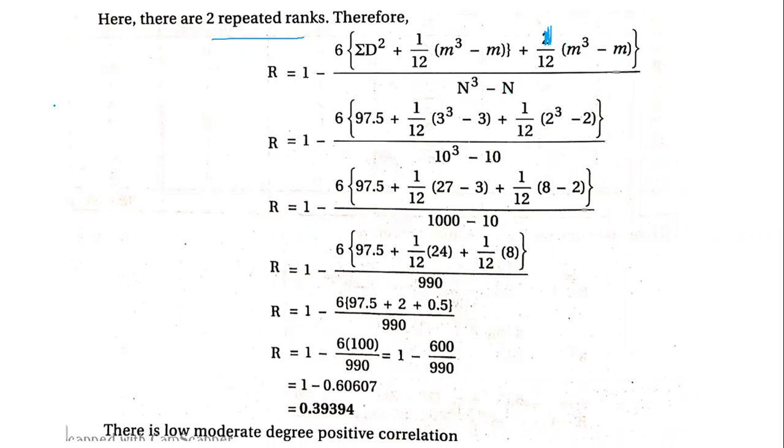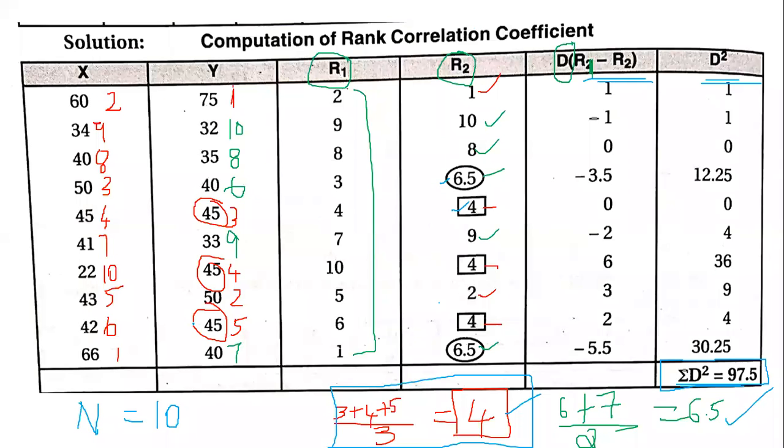Now sigma d square we already know, which is 97.5. Okay, apart from that, the value of n is 10. So these are the two main things. Apart from these two things, now for this expression m cube minus m, this is for the repetition, that is 45.